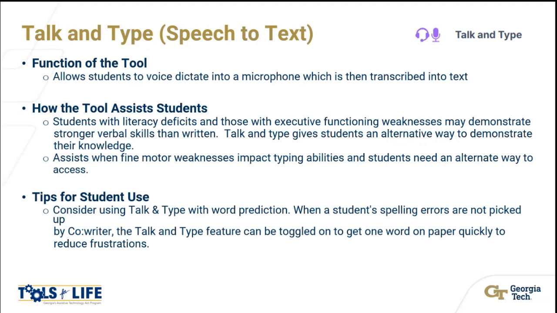And so the talk to type gives students an alternative way to demonstrate their knowledge. It also assists students when typing is impacted by fine motor deficits and they need an alternative way to access materials.